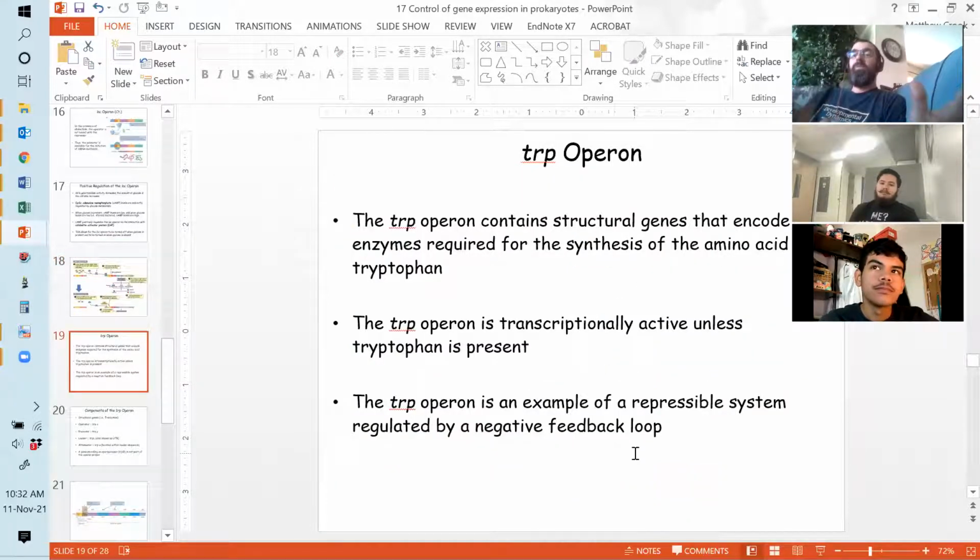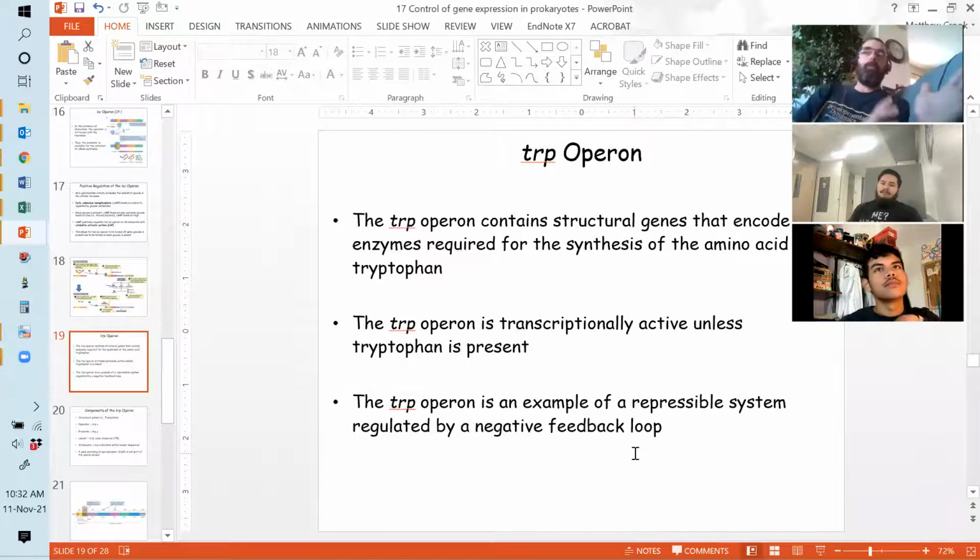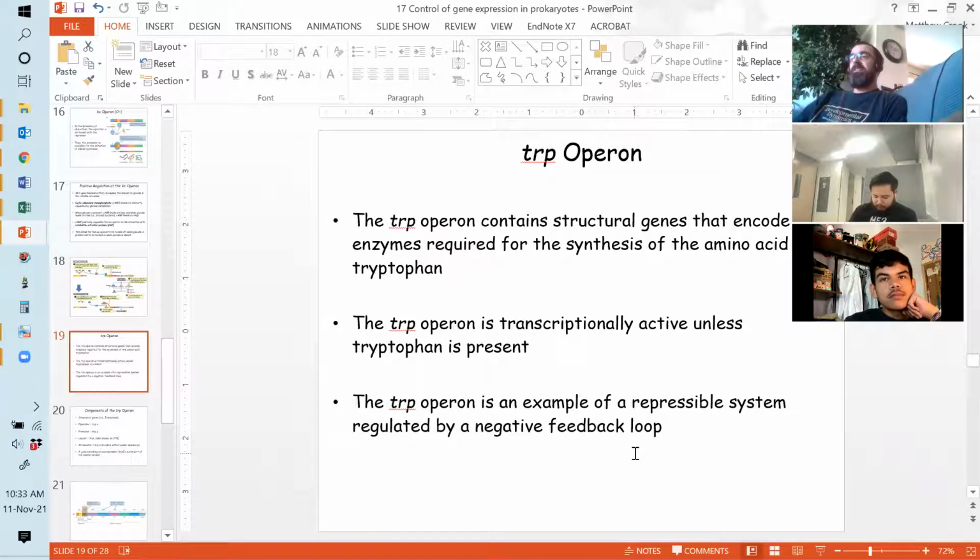Now, we've got the opposite type of deal here, right? Remember the context. In the lac operon, we don't need the lac operon to be expressed if there's no lactose present, right? Completely pointless transcribing it if there isn't any lactose around to metabolize.